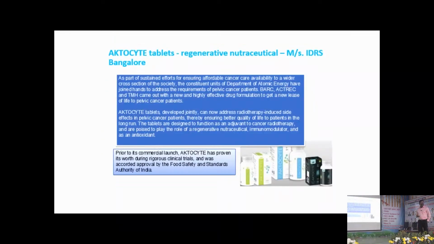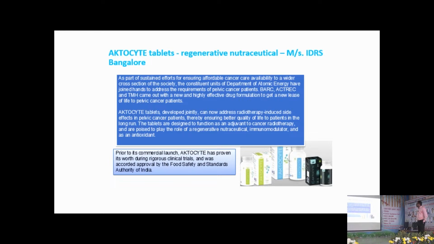This is another tablet which was recently launched. This is a nutraceutical. When you are treating cancer, especially the pelvis and all, the surrounding regions also get affected, other than the organ you are targeting. So this nutraceutical can help in reducing the effect on the nearby organs.